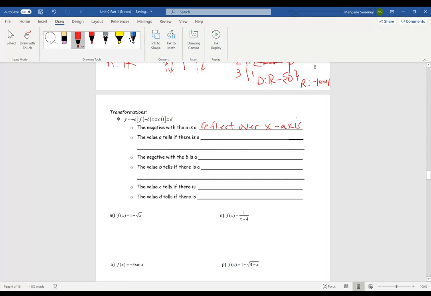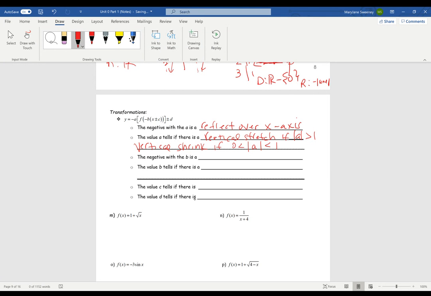The value of A tells us if there's a vertical stretch, if the absolute value of A is greater than 1, and there is something called a vertical shrink if the absolute value of A is between 0 and 1. So like a half, a third, it actually compresses it, it vertically shrinks it.